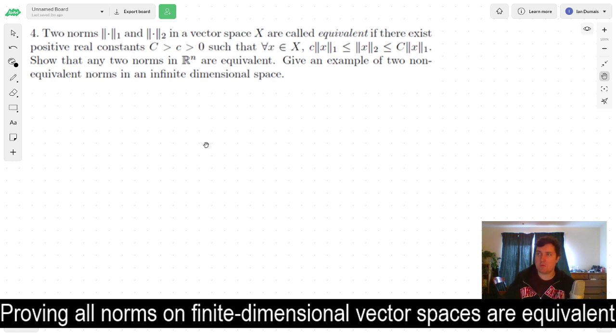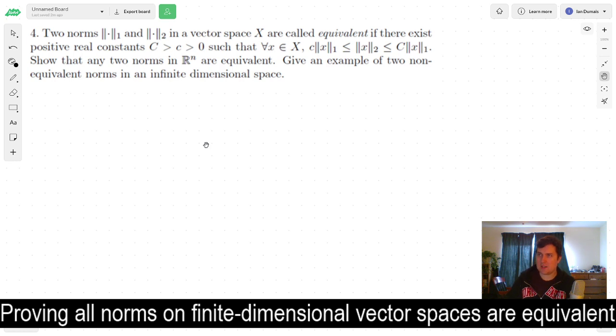So two norms, norm 1 and norm 2 in a vector space X are called equivalent if there exist positive real numbers, capital C greater than lowercase c, greater than 0, such that for all x in the vector space X, c times norm 1 of x is less than or equal to norm 2 of x, which is less than or equal to big C norm 1 of x.